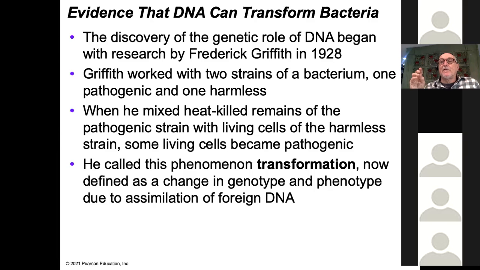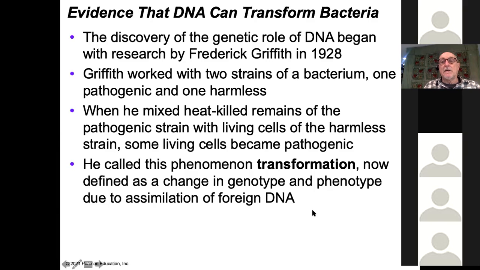No, this is a different strep. Yeah. This is Streptococcus pneumoniae. It specifically causes pneumonia. It's quite common. But he was interested because he was actually trying to develop a vaccine for Streptococcus pneumoniae. That was how he started working on it.